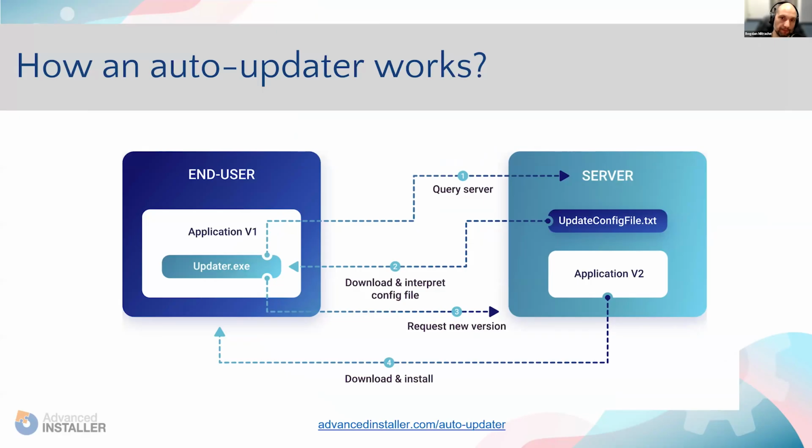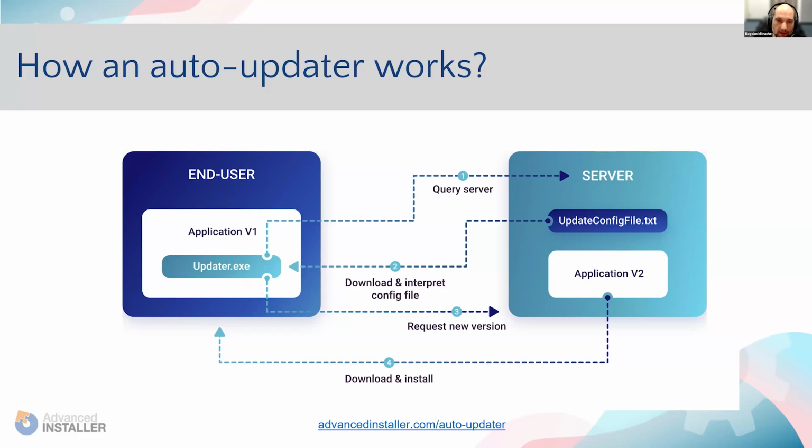The updater might seem like a simple tool, but we've been working on it for over 15 years now as a feature in Advanced Installer. It's composed of an exe that we inject into your packages every time you enable support for auto updates, and some resources that this exe consumes from a web server. The location of that server can vary, as you will see later in the presentation.